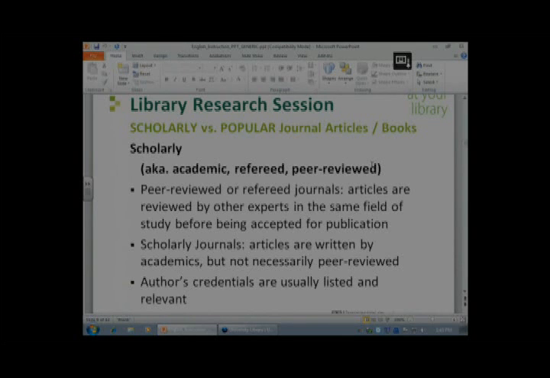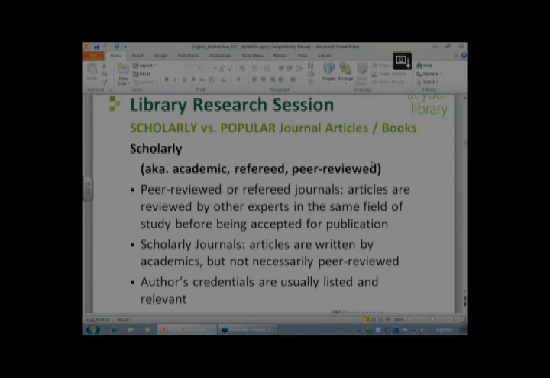So whether it's journal articles or books, scholarly versus popular is important because in some cases your professor may say, I only want scholarly work in that bibliography for that assignment, or in your works cited for the essay or reference page or whichever style you're working in.